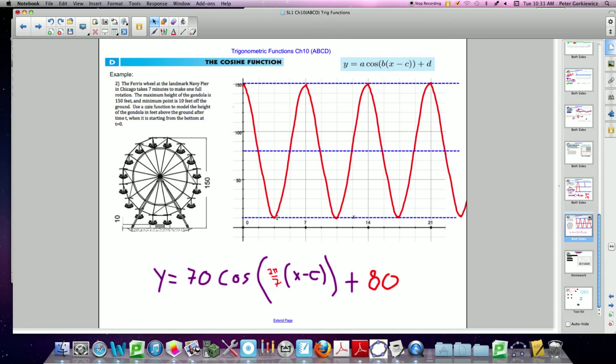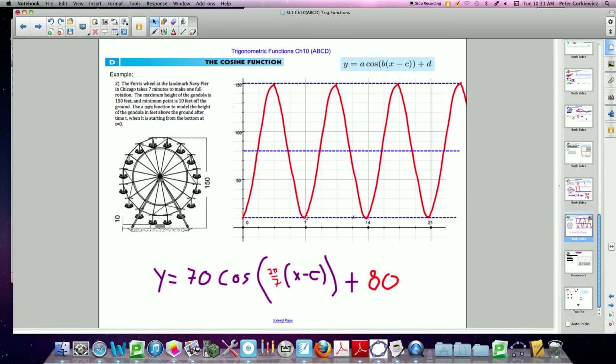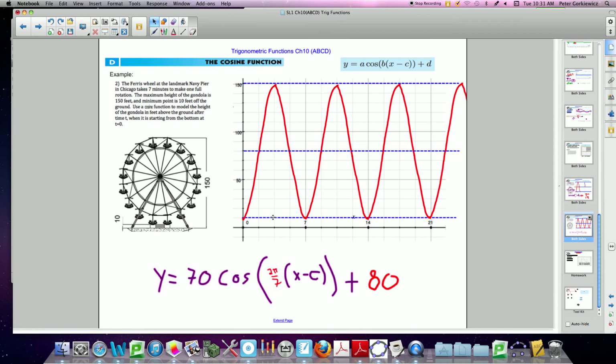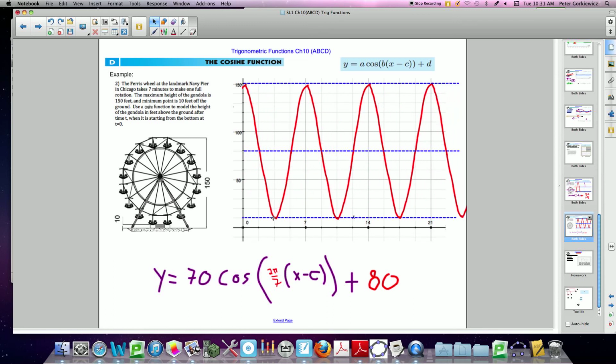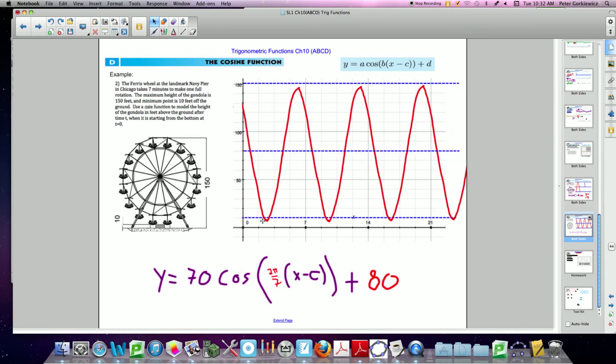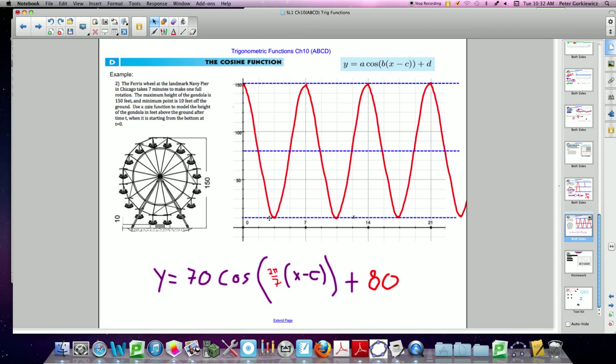We want it to start at 0, so we could slide it one way, like this was at 3.5, and if we slide it 3.5, it'll start at 0 where we want. So we could add 3.5 to the C, or we could subtract 3.5 as the C, right? Either one of those would be fine.